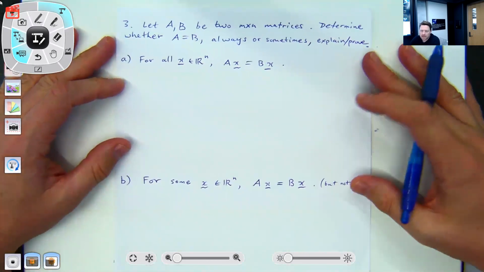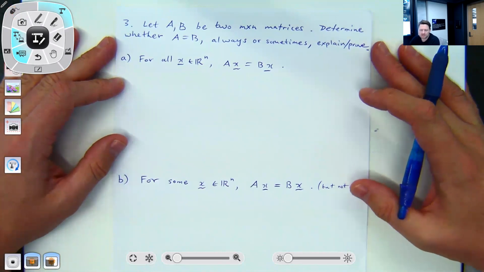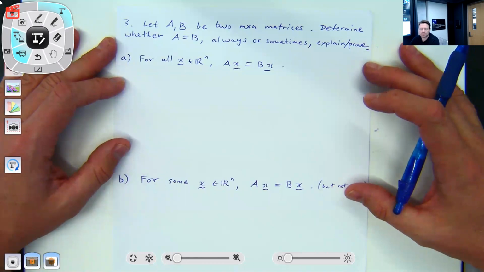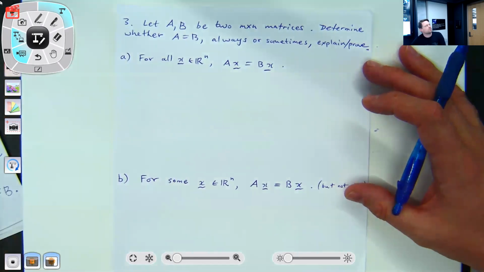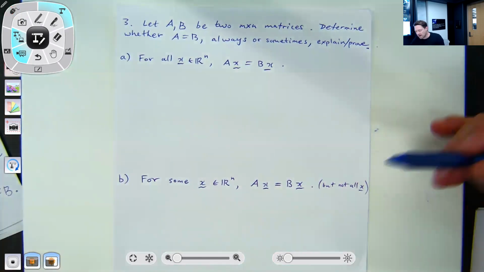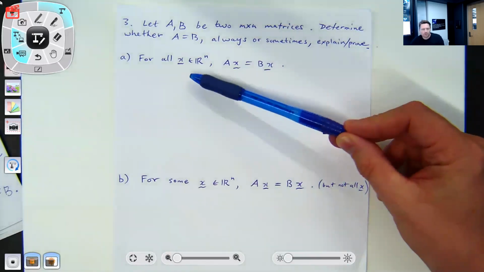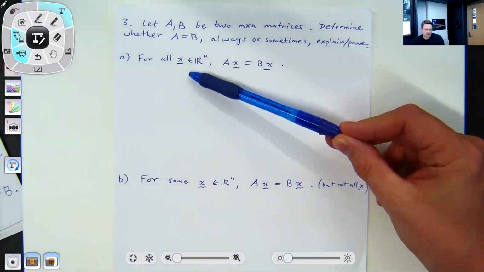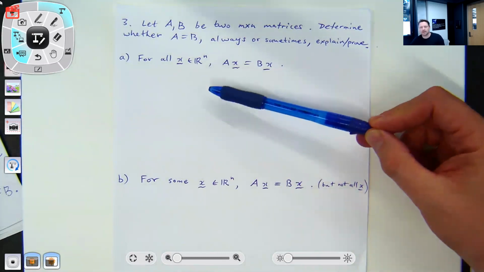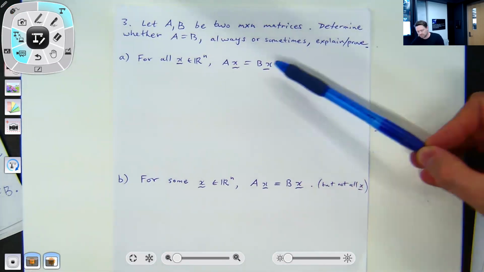Question 3: let A and B be two M by N matrices. Determine whether A equals B always or sometimes. Explain and prove. In these two cases, the first case is for all X in Rn, so that's vectors of length n having real entries, we have AX equals BX.